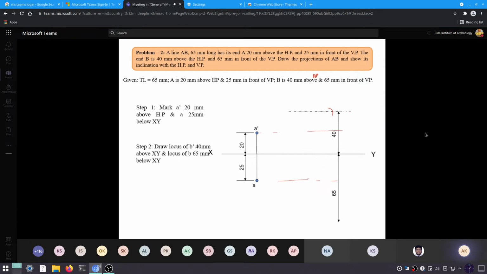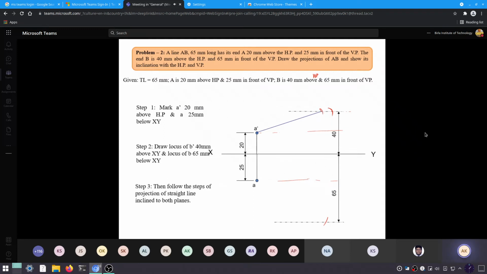Similarly, you have to do it for the top view also. So open your compass according to the true length of the line, and make an arc over here and here. So let's say 65 is coming over here.